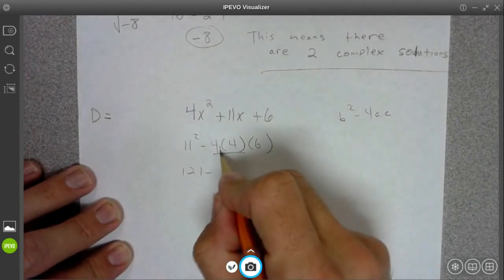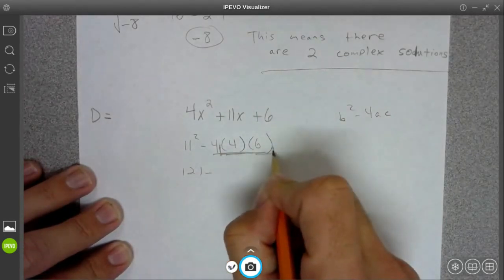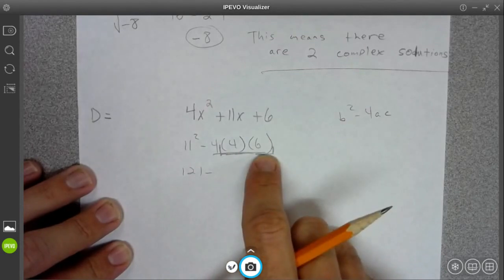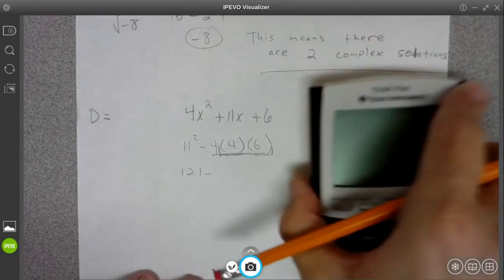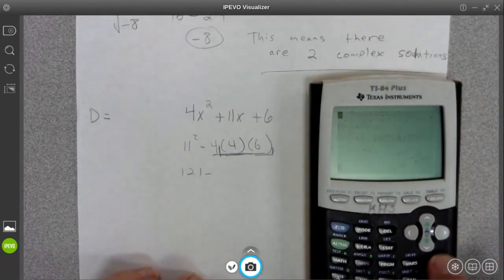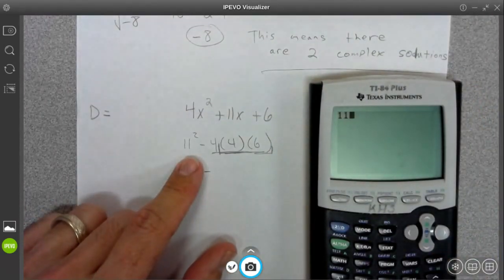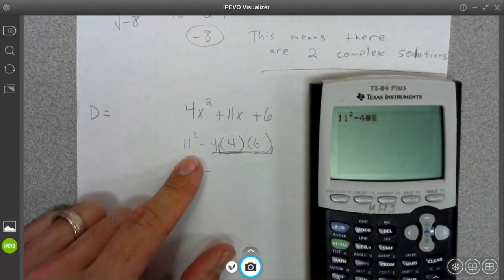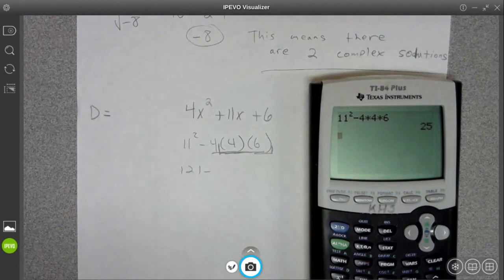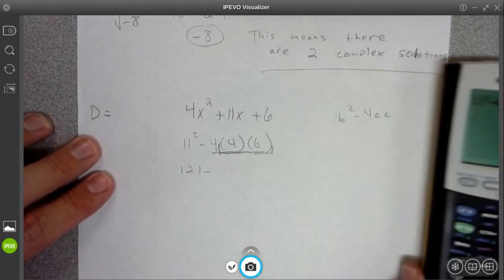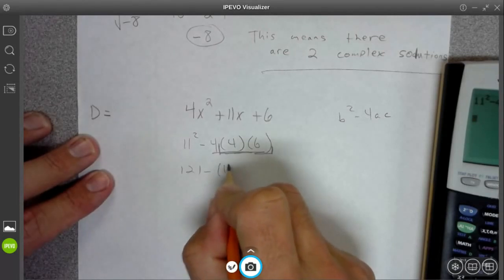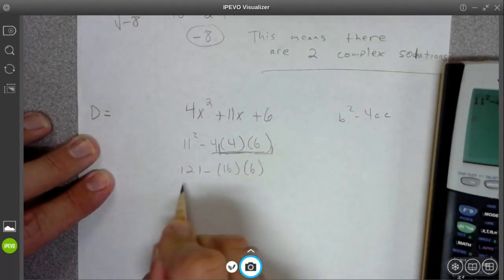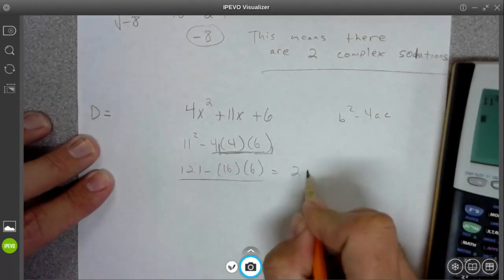But I do know 24. Or do I know that? I think this is a mistake. All right, 11 squared minus 4 times 6. Yeah, this is equal to 25. Oh, I know what this is. All right, this is going to equal 25.